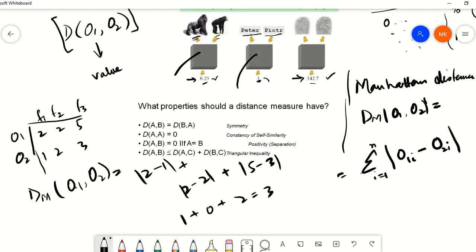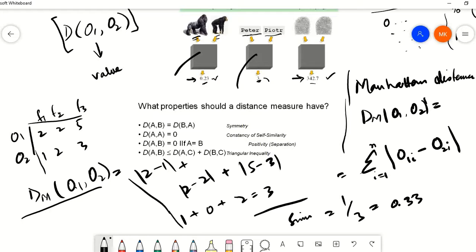So this is the distance between these two objects. We can convert it into similarity as 1 over 3, which is 0.33, as the similarity between these two objects. So that's how we can quantify the distance between any two objects. The same way, we can make use of the other distance measures also. For example, Euclidean distance, we may have cosine similarity and all that, and we can interchange between distance and similarity.